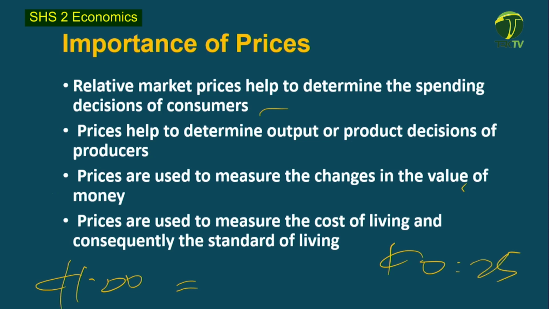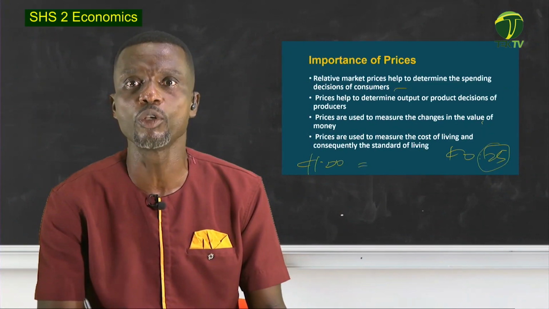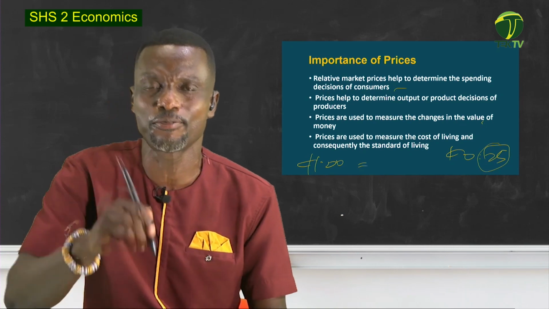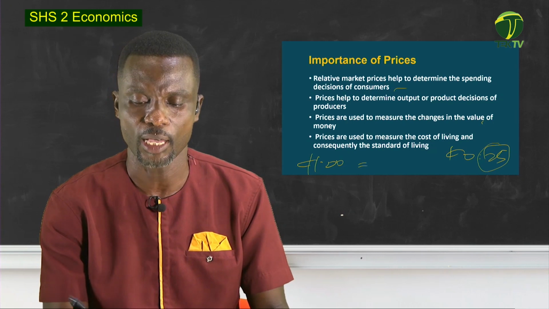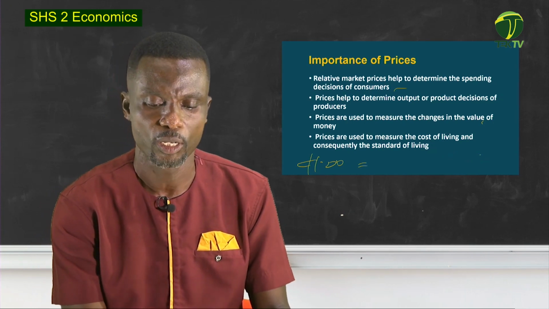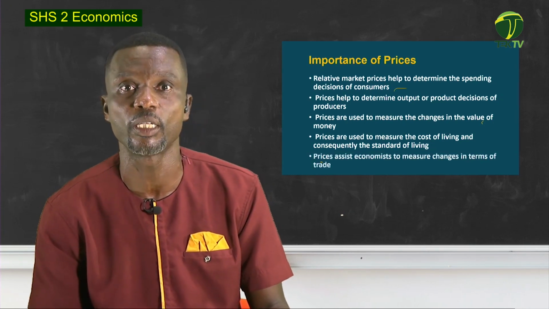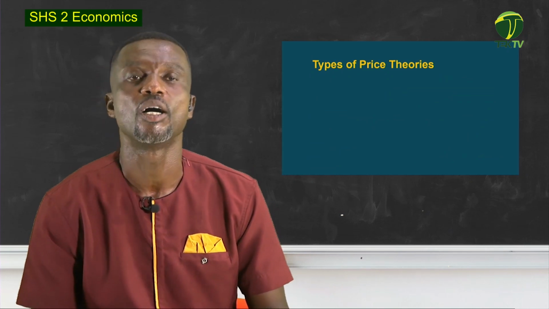With the same amount of money, 1 cedi, the quantity of sachet water you can buy will come down to 4 because the price has increased to 25 pesos. So the consumer who doesn't have enough money will be suffering because he will not be able to purchase enough, and this can affect his life. So price is used to measure cost of living and consequently standard of living.